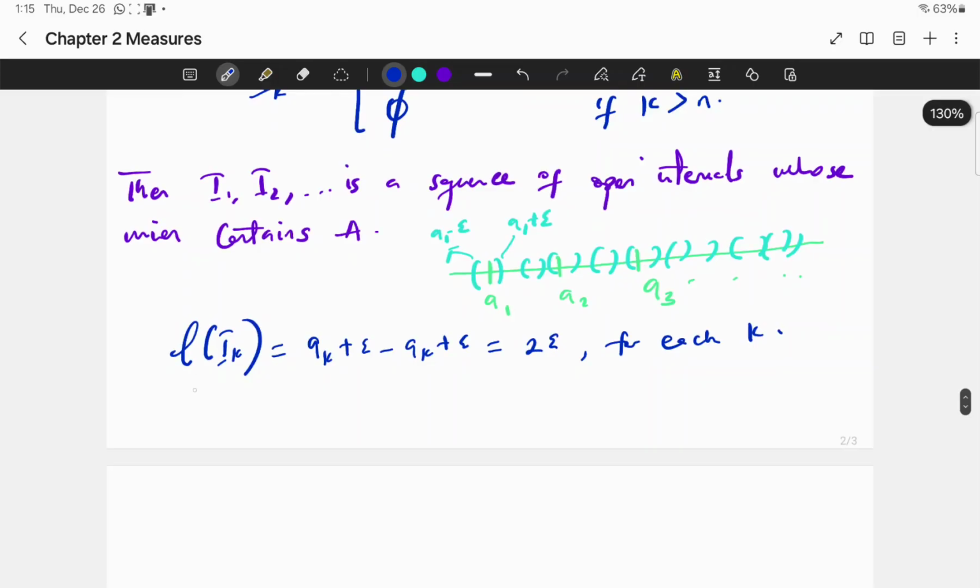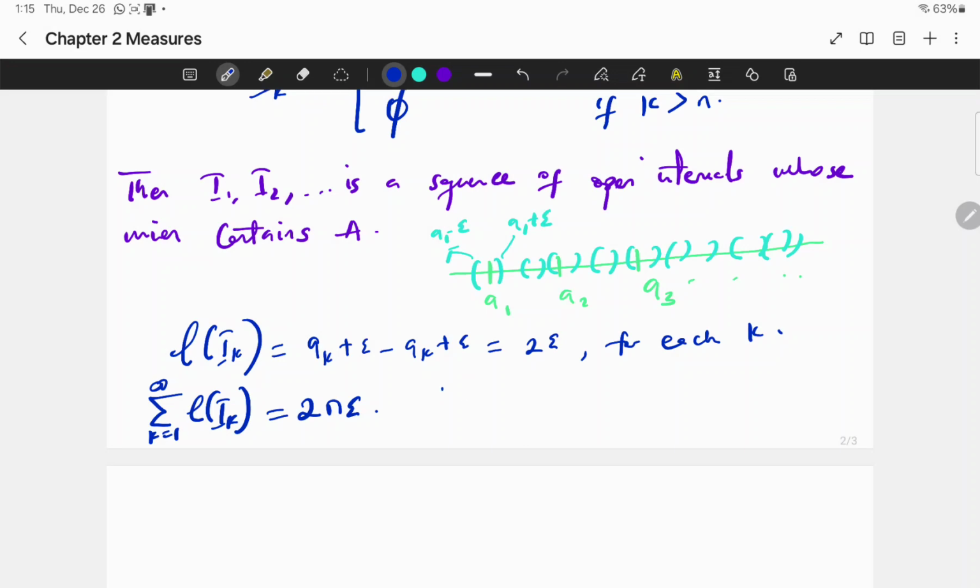So the summation of k equals 1 to infinity of the length of IK will equal 2 epsilon n, because we have n numbers of k and the others are empty, so they are 0. Then we have this result.